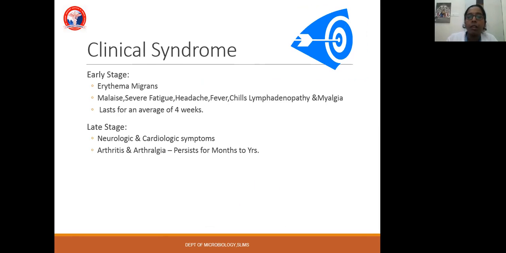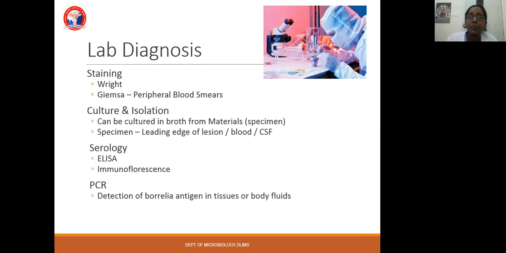The most important modality for diagnosis of syphilis is the serological test. We have specific tests and non-specific tests. The specific tests are the Treponema pallidum immobilization test and the fluorescent treponemal antibody absorption test. The non-specific tests are VDRL and RPR.